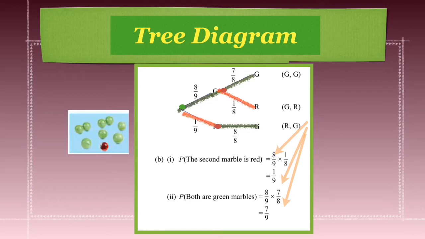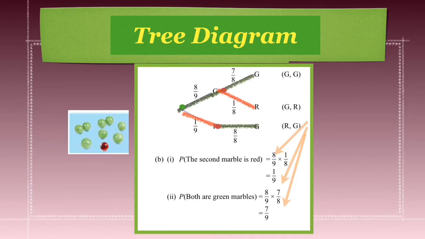Probability of getting green for the second time is 7/8, and probability of getting red will be 1/8. Why does it become over 8? It's because when you take the green color without replacement, for the second time the sample space will be reduced by 1 and the green color will be reduced by 1.